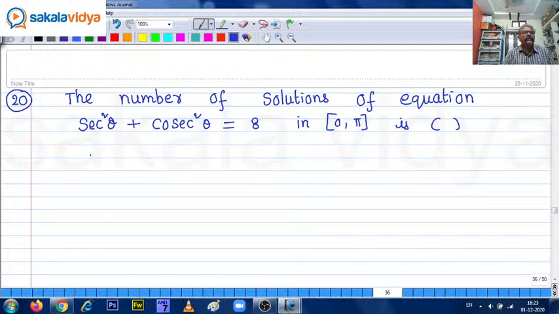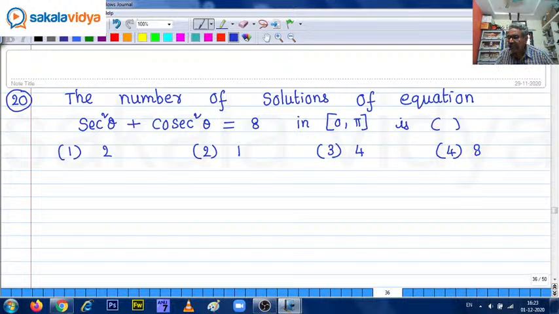First option is 2. Second option is 1. Third option is 4. Fourth option is 8.